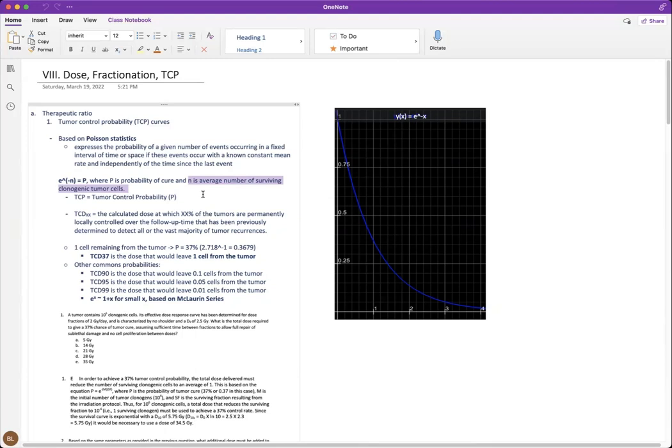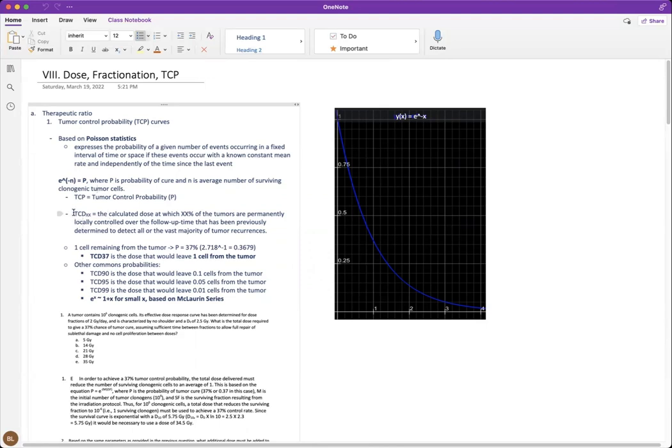So if I give a treatment that on average kills, say, 99%, what's the chance that I'll actually kill all of them? That chance would be e to the negative n.